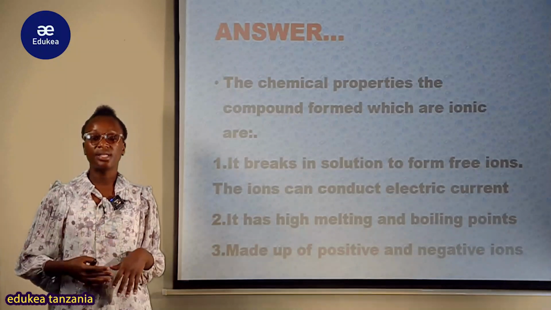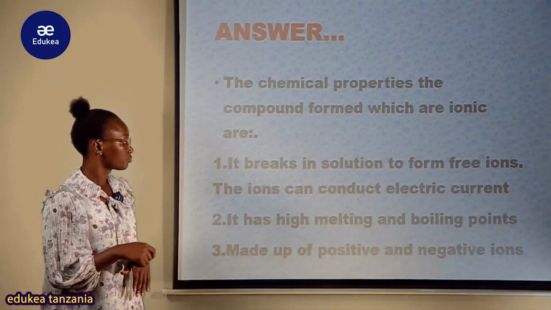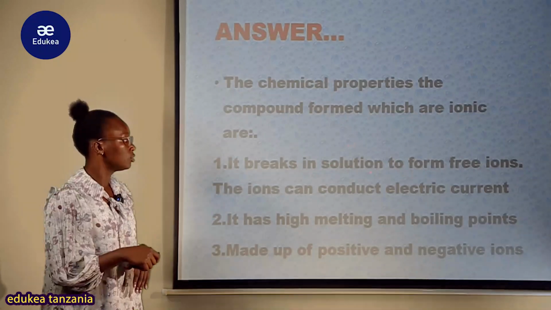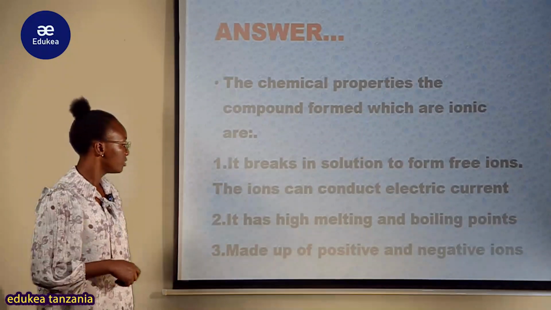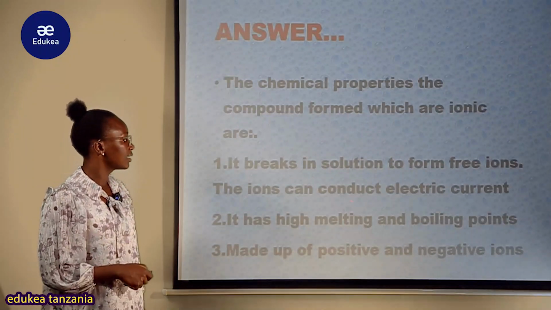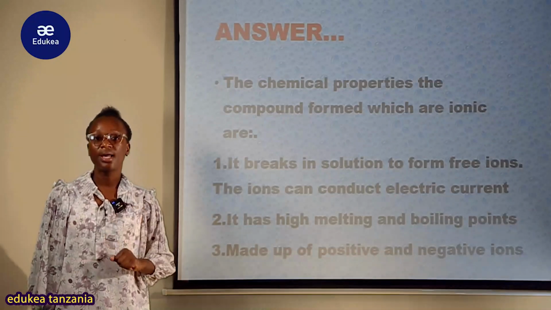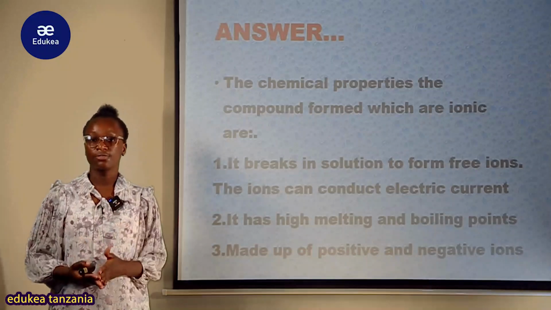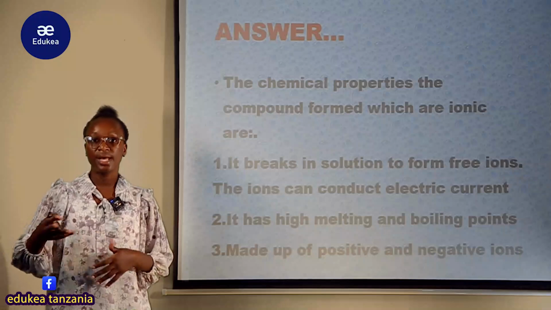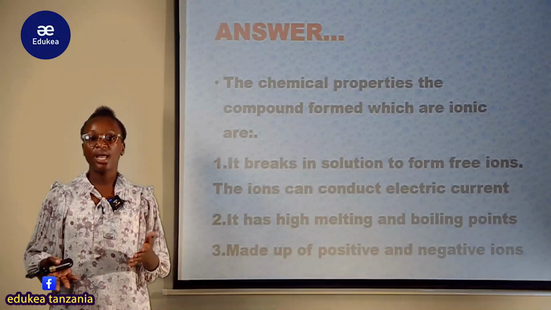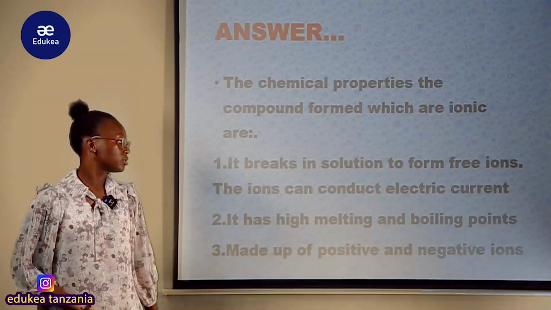So once it breaks itaenda kuform ions, ambazo zinaweza kubreak in the solution, ambayo itapeleka kwenye free formation of ions, ambayo ndio hiyo positive and negative. But also the ions can conduct electric current. Tunajua kwamba in order for electric current to be conducted, there must be movement of free ions. For instance, positive charged and negative charged ions move towards each other in the opposite charge, and that is where the current can be produced.